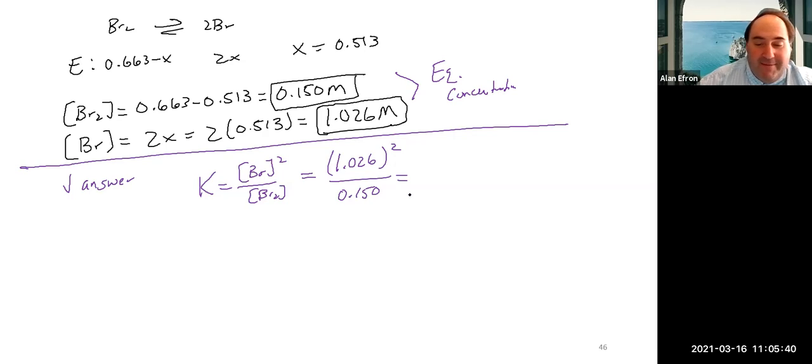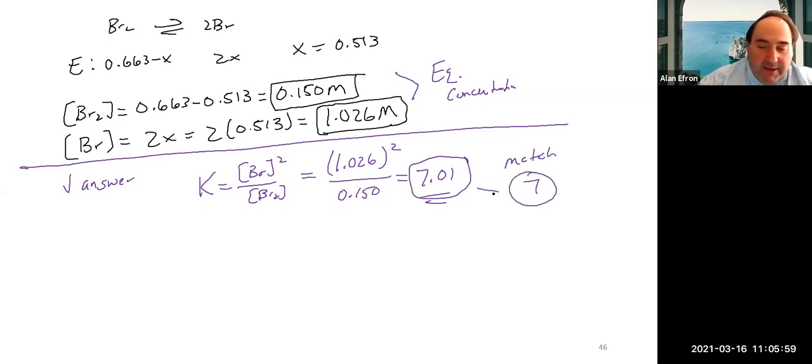That happens when you have too many Brs that look the same. That gives 7.01 here. What I was trying to say is that if you put these numbers in the right spots, you will end up with an equilibrium constant that should match the one that was given in the problem. It was 7 in the problem. So with rounding, it should be fairly close to the value that was given to you.